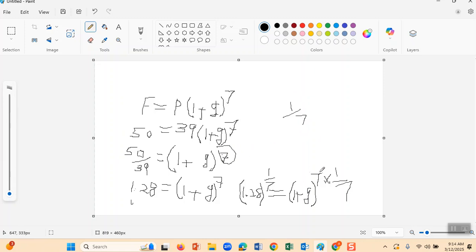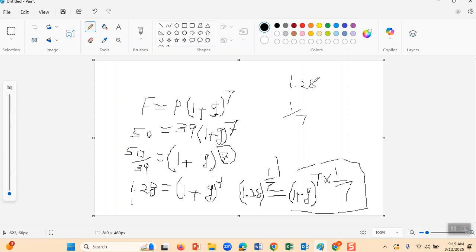Do you see this? The power on (1 plus g) becomes 1. And what you end up having is that here it becomes 1.28 to the power 1/7, and on this side of the equation, because the power becomes 1, you will have 1 plus g.